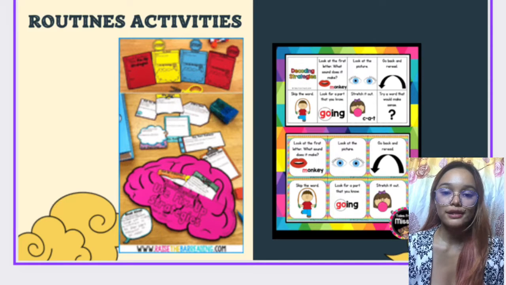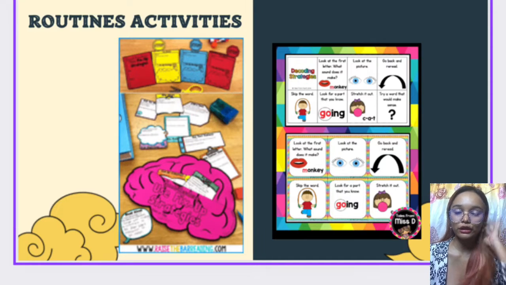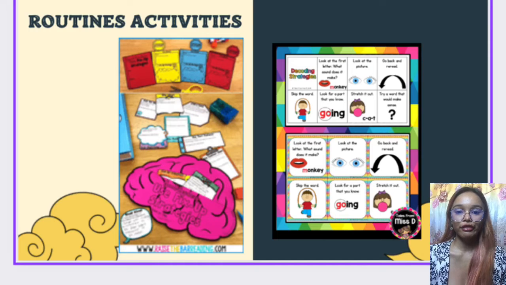For example, there could be pictures or drawings posted or pasted on the bulletin boards or the walls that could be translated into Ilocano, if the native language of the child is Ilocano.